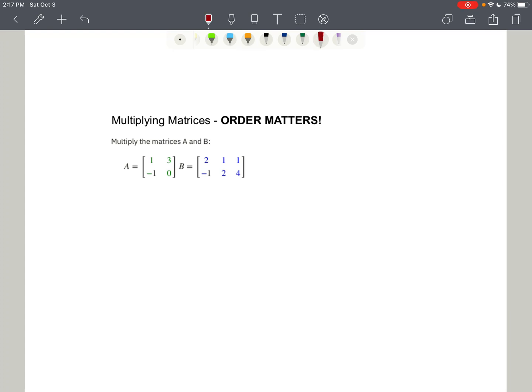The size of the matrix and the order of which matrix is first is definitely important to know.